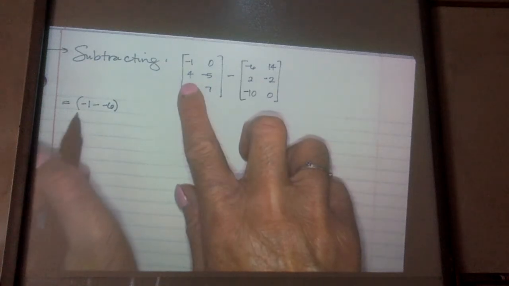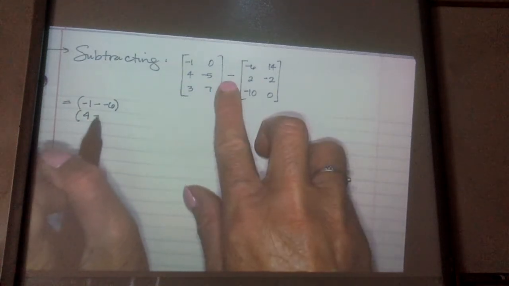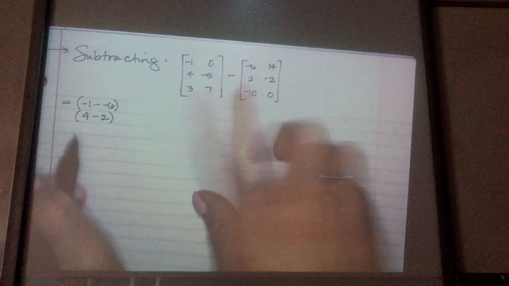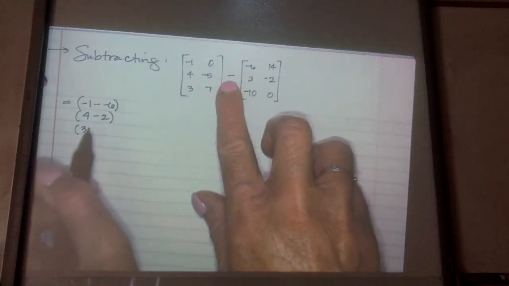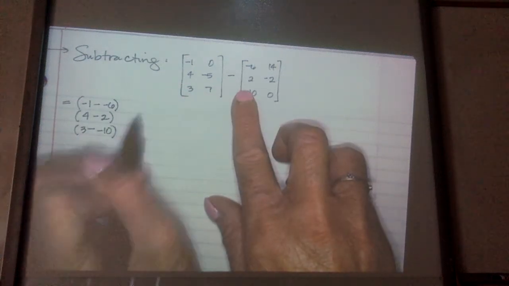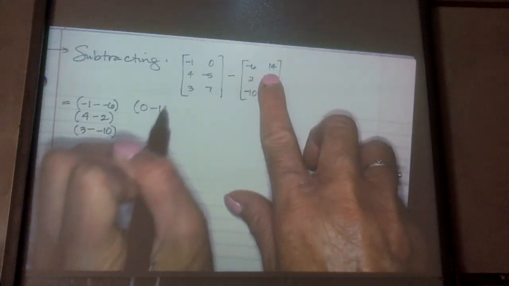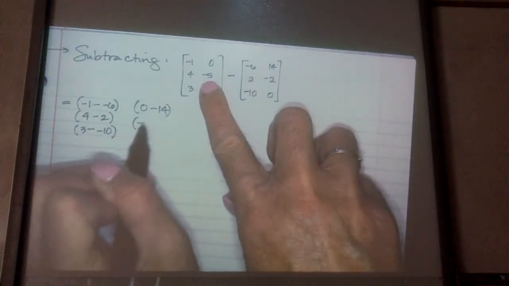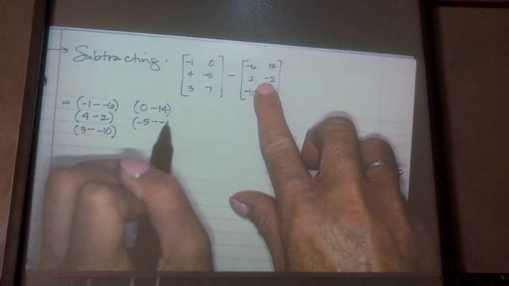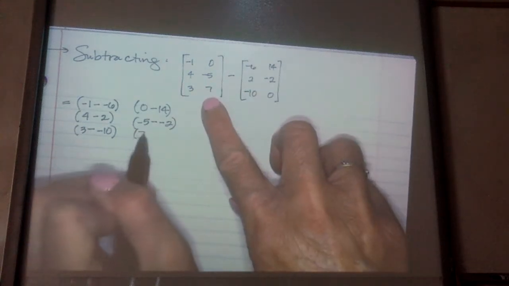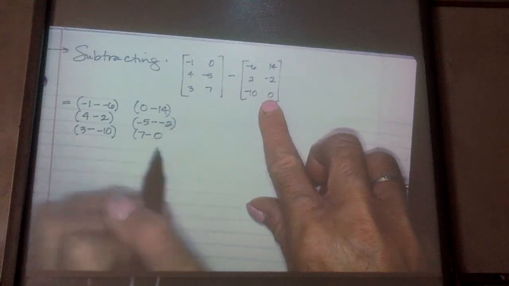In the second position, I have 4 minus 2. And then the next one is 3 minus a -10. In this column, I have 0 minus 14. -5 minus -2, 7 minus 0.